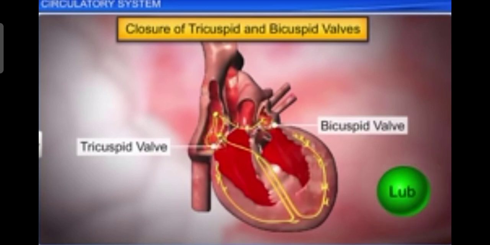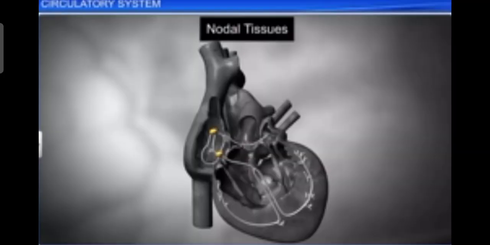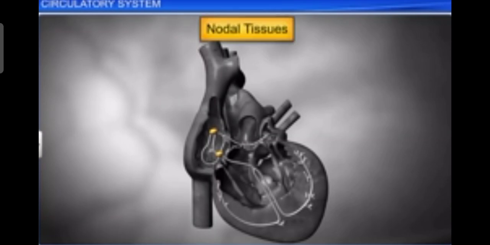When the tricuspid valve and bicuspid valve are closed, the lub sound is heard, and the dub sound is by the closure of the valves called semilunar valves.